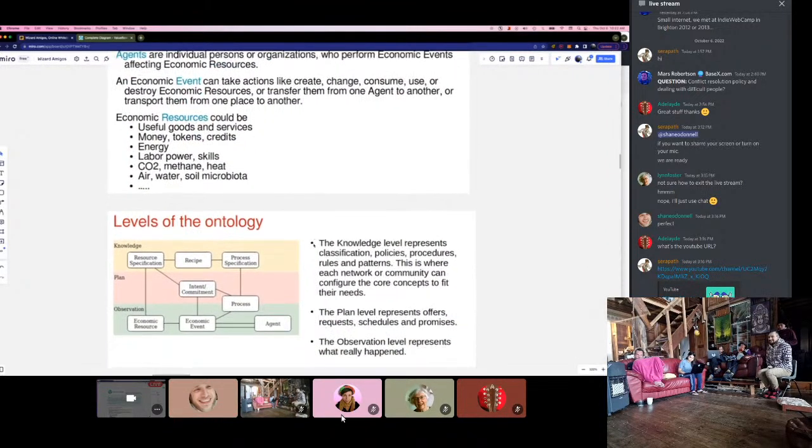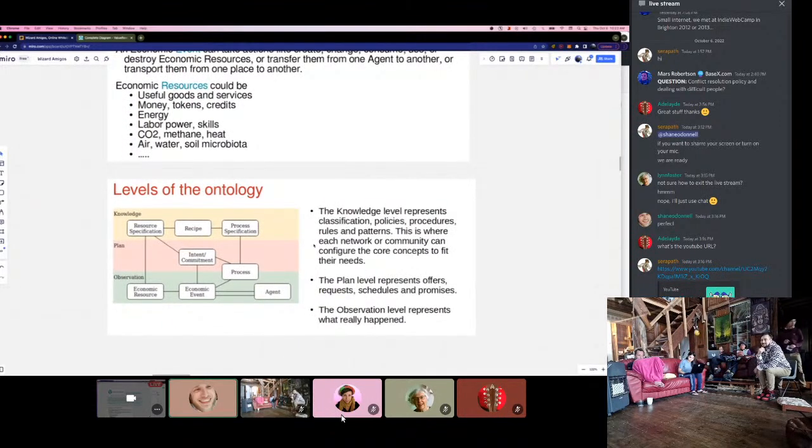Valueflows has three different layers to it, and a bunch of different pieces. One of the cool things about it is you can pick and choose the pieces that you want, and also the layers that you want to be interacting on.